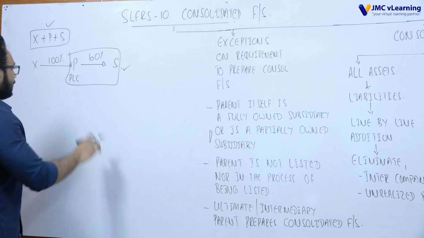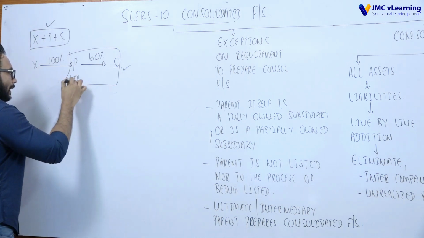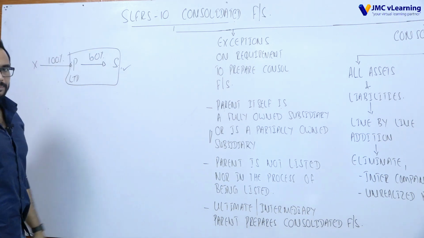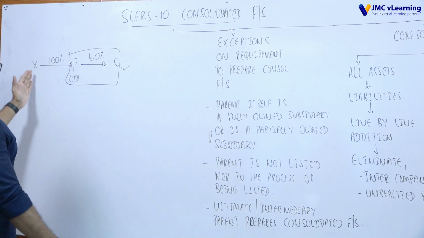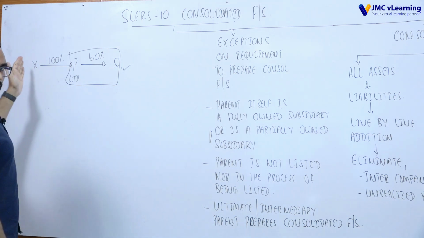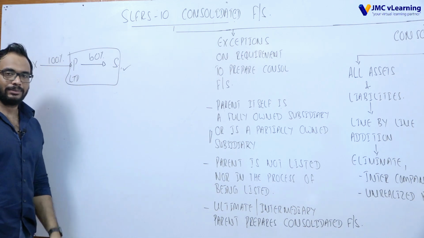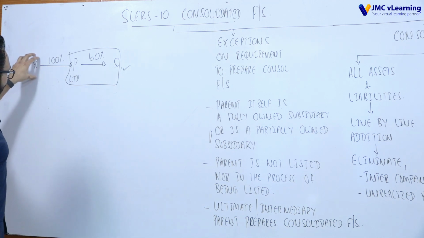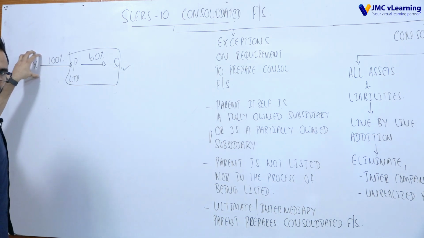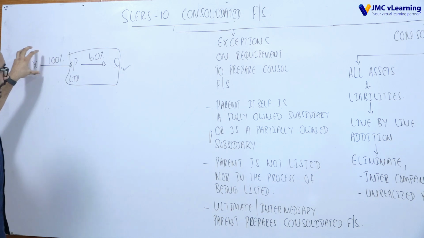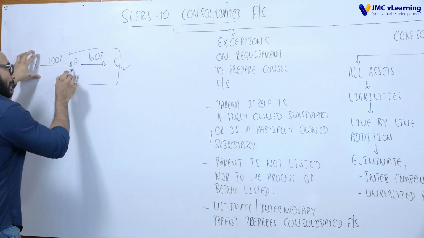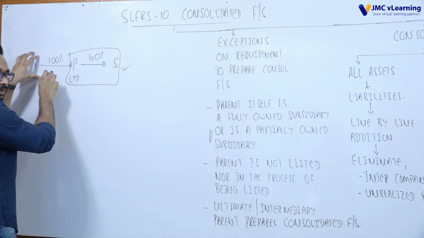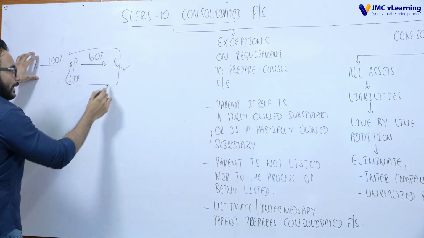And also say P is not a listed entity, and for whatever reason X is not preparing consolidated financials, or X is located in a country which is not preparing financials in line with SLFRSs or IFRSs, then even though P is not a listed entity, even though P is a fully owned subsidiary of someone else, P has to prepare consolidated financials.